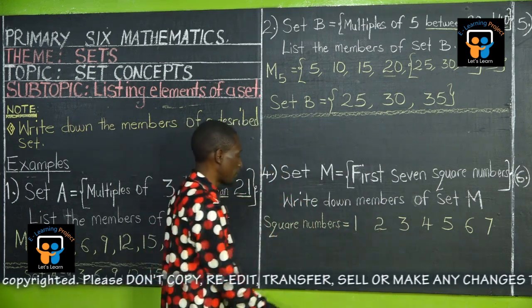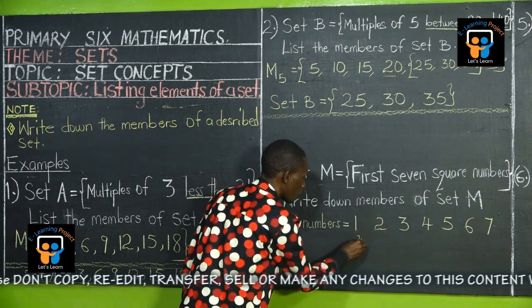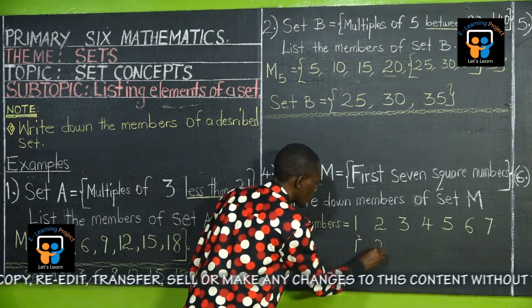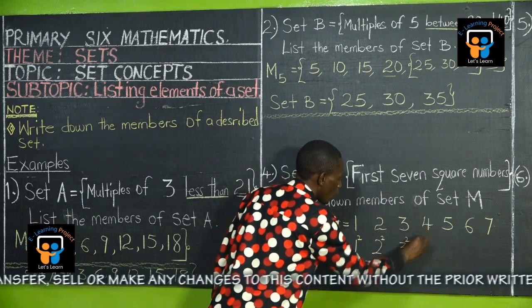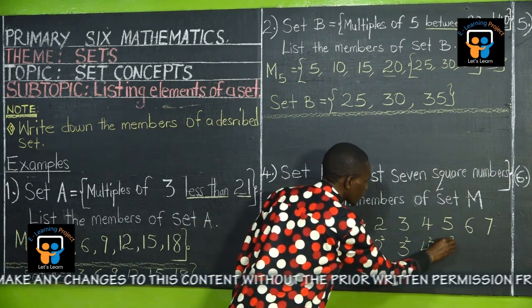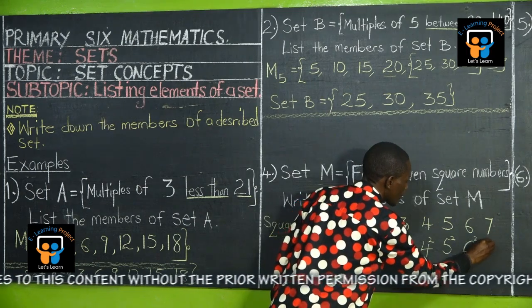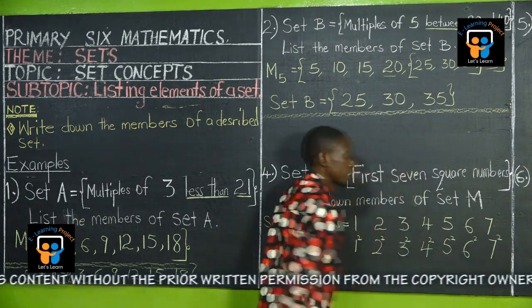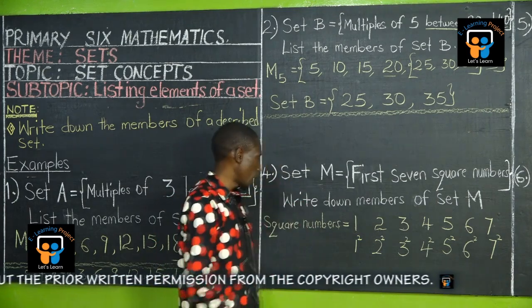Start squaring the numbers. So 1, say 1 squared, 2, 2 squared, 3, 3 squared, 4, 4 squared, 5, 5 squared, 6, 6 squared, 7, 7 squared. So after squaring them, get the square numbers.